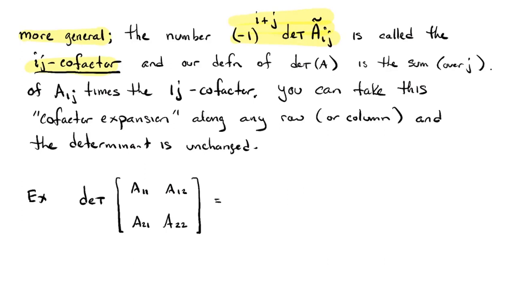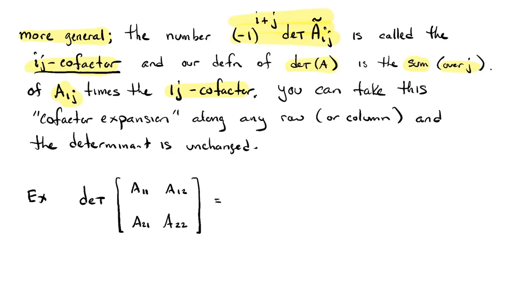Okay, so our definition above of the determinant of A, we were summing over the columns the 1j cofactors. Well, A1j times the 1j cofactors, right? So that's sort of another way to describe what we were just doing.